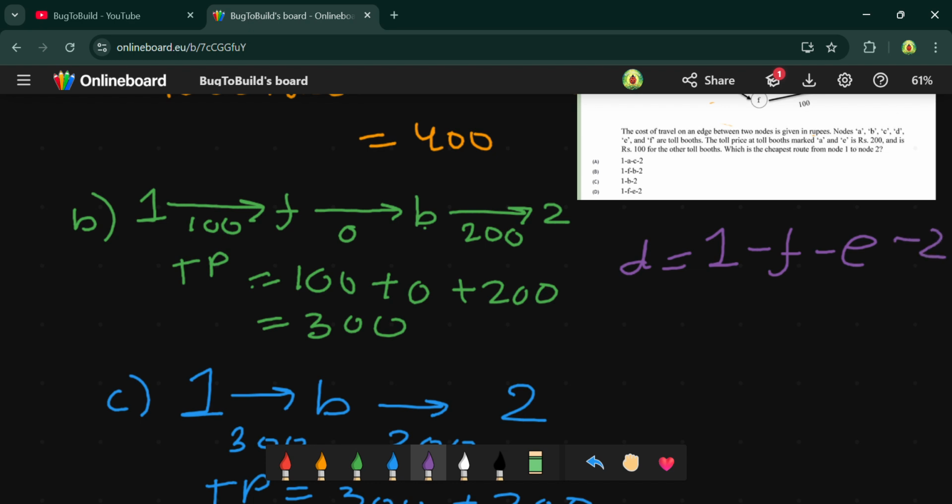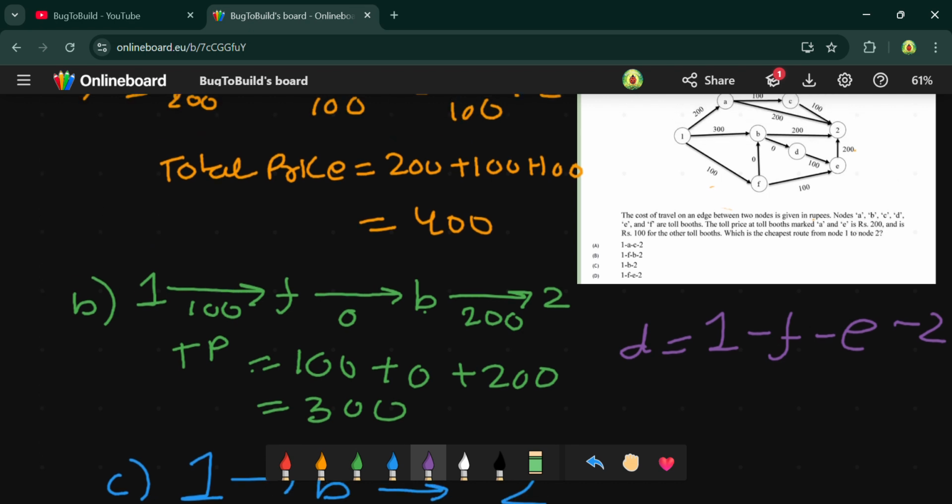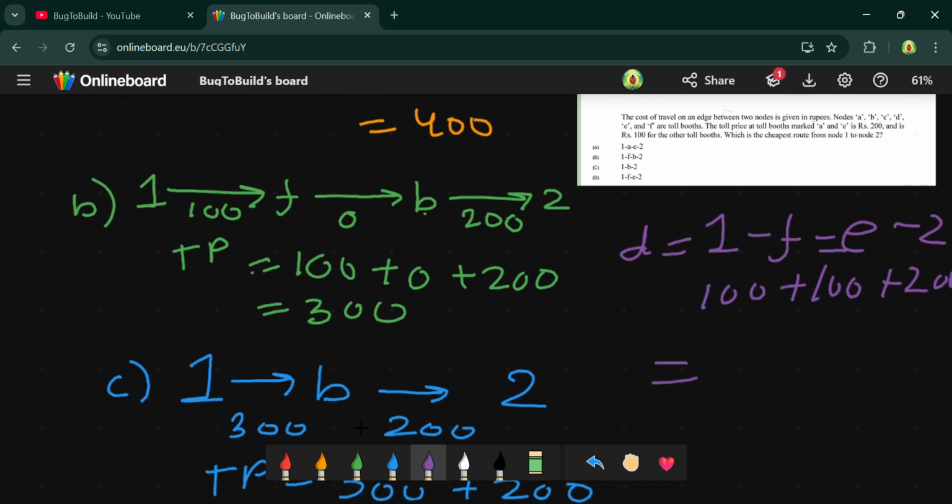From 1 to F the price is 100, F to E the price is 100, and from E to 2 the price is 200. After adding, you will get 200 plus 200, which is 400.